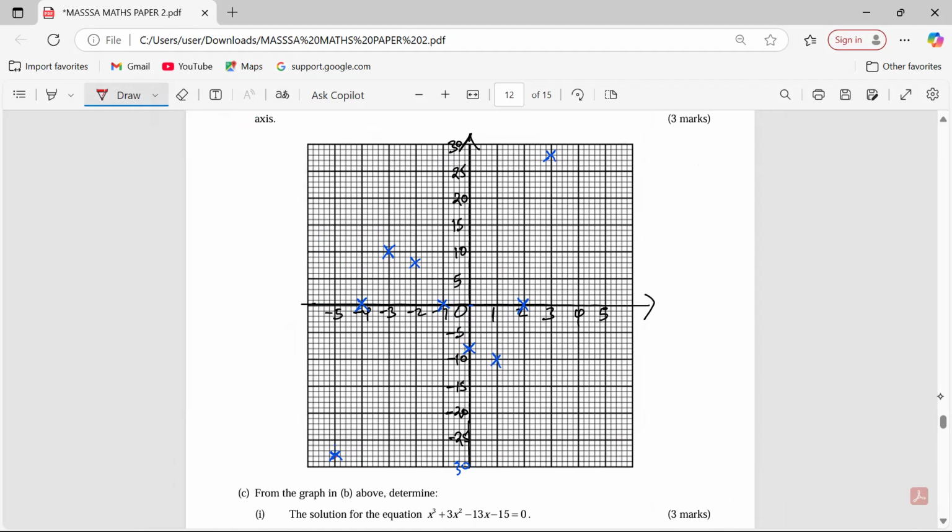We join the points using a very smooth curve. Very smooth curve. So at the turning points we're supposed to be very careful.